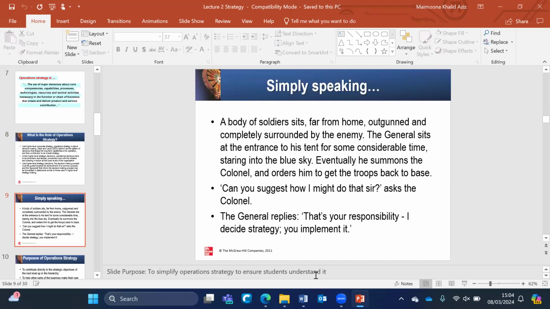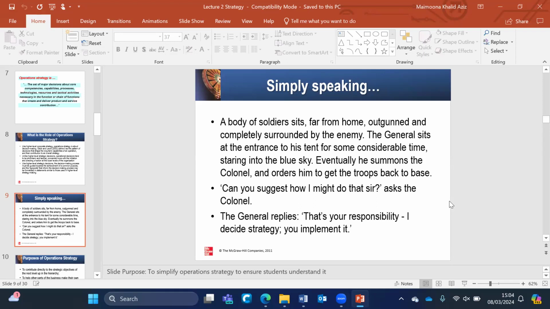They're giving us an example of, simply speaking, soldiers who are far from home and outnumbered. The general sits at the entrance of the tent for some considerable time, and he looks at the sky. Eventually, he asks the colonel to come and orders him to get the troops back to the base. The colonel asks, can you tell me how I can do that? And the general says, that is your responsibility.